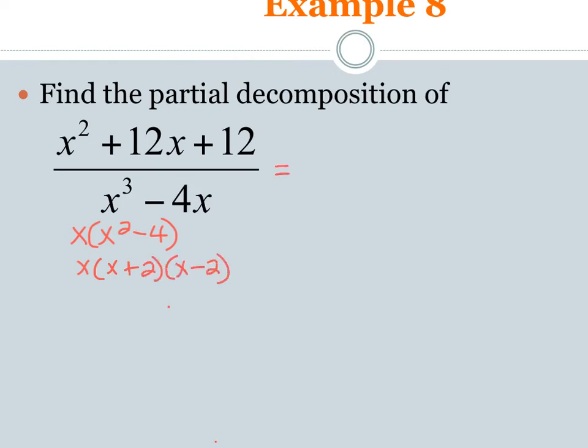So how many terms do I have this time? 3. A over x plus b over x plus 2 plus c over x minus 2. With me so far? So what's missing from my a fraction?